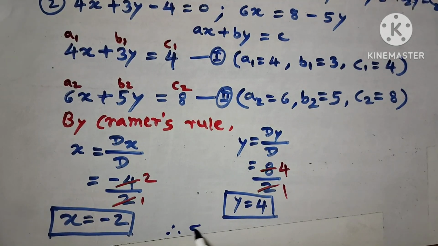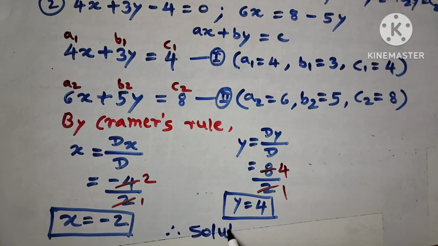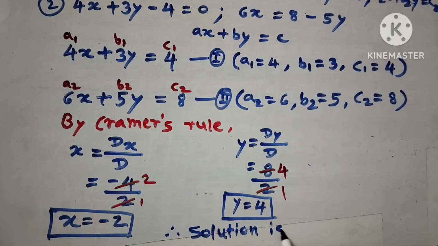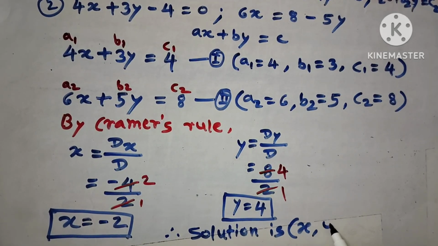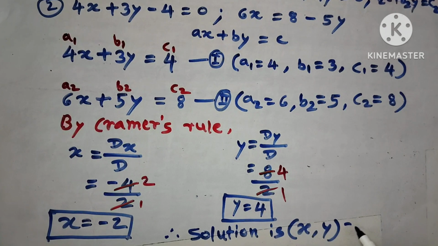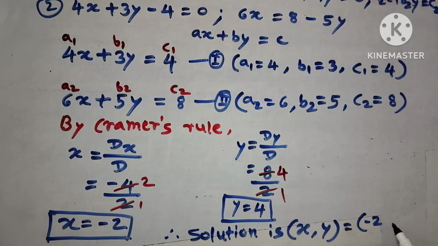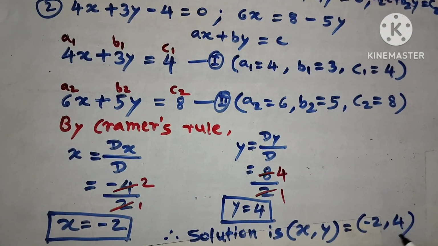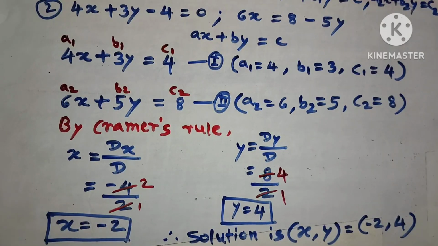Therefore, the solution is (x, y) = (-2, 4).